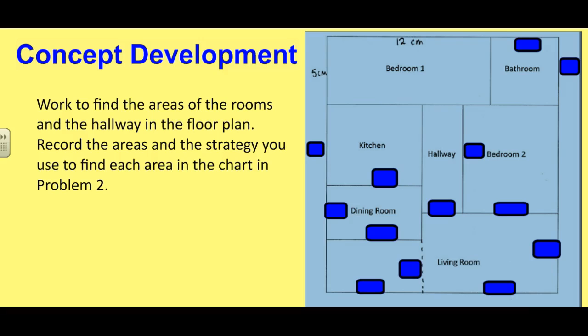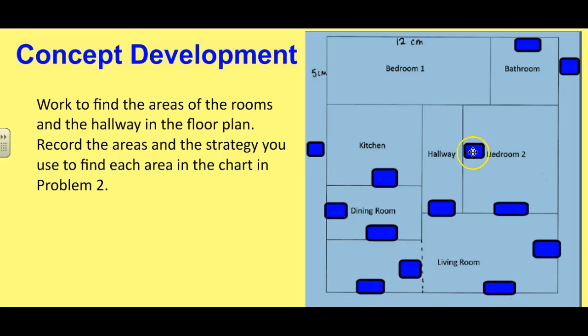Okay, so now you are going to work to find the area of all of the rooms. And you're going to do it just like you did with bedroom 1. You're going to use your ruler. And you can kind of see where I've left my blanks here and which sides I measured to help find the area of each room.